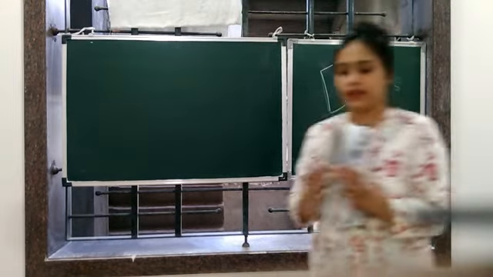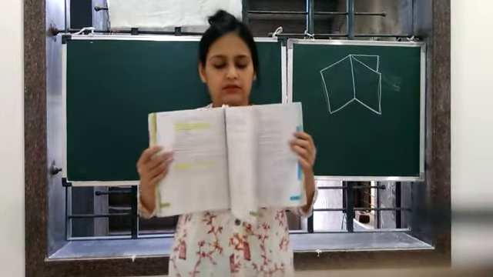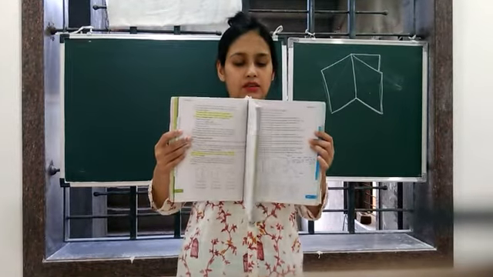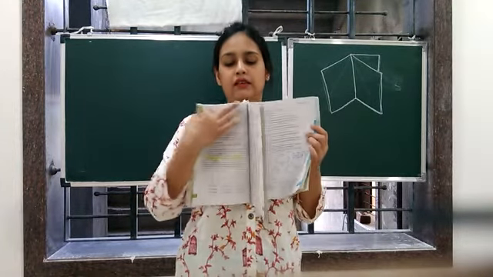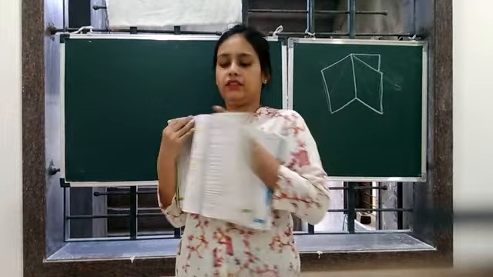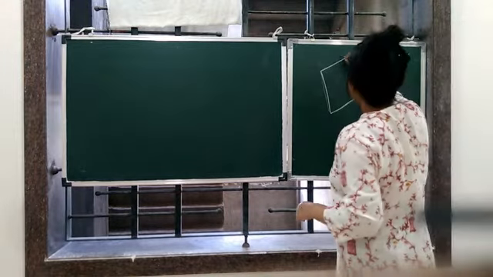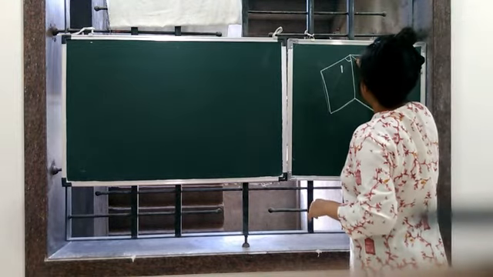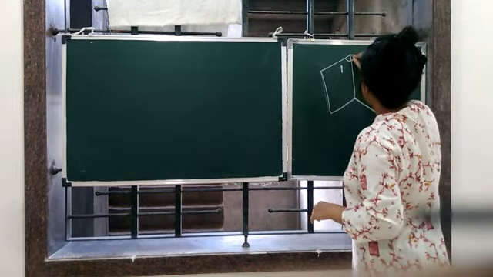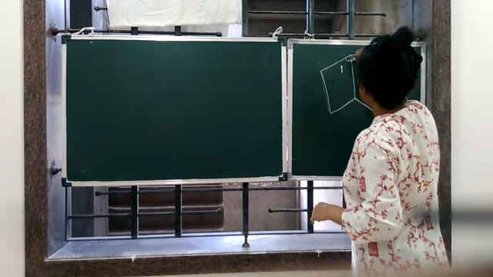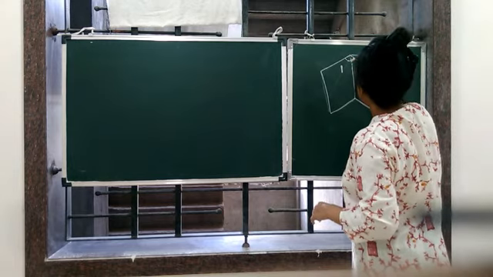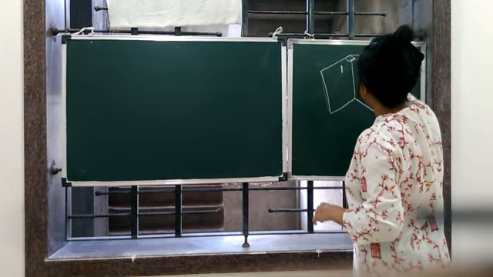It is opened something like this. Can you see? Here there is one angle and here there is one angle. Here it is forming one angle, the whole page, and here it is forming one angle, angle 2.